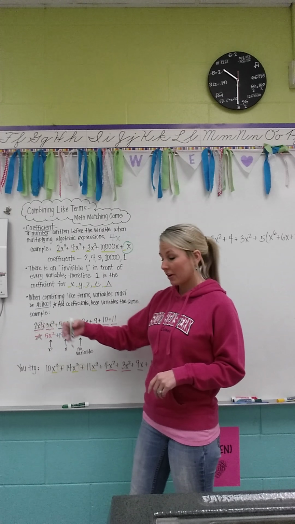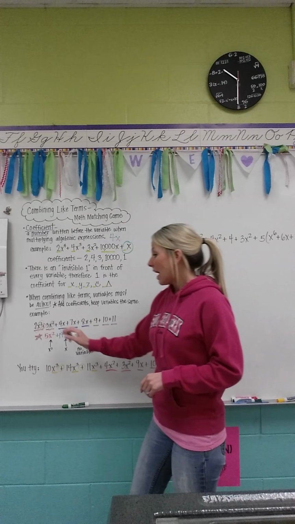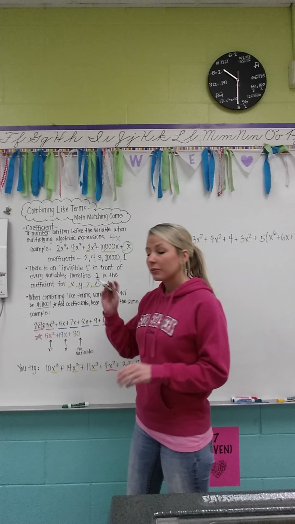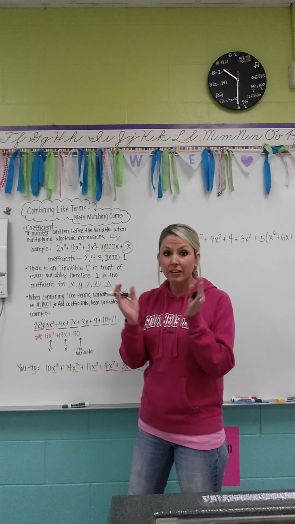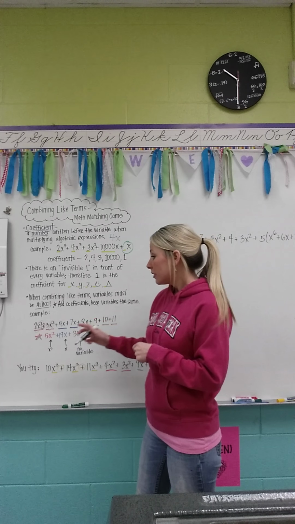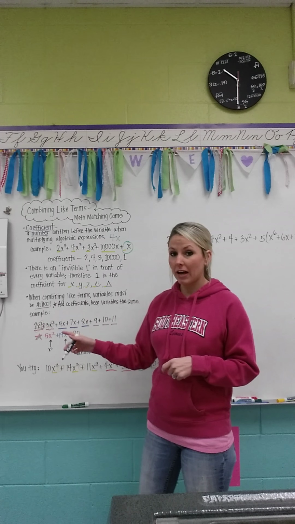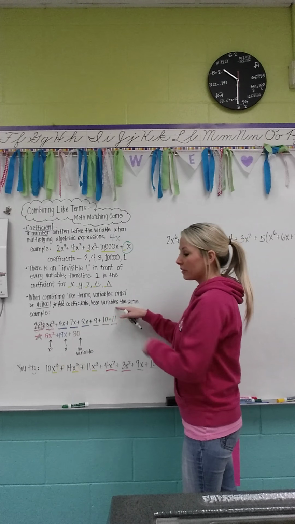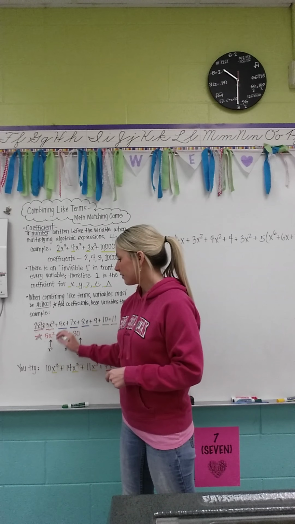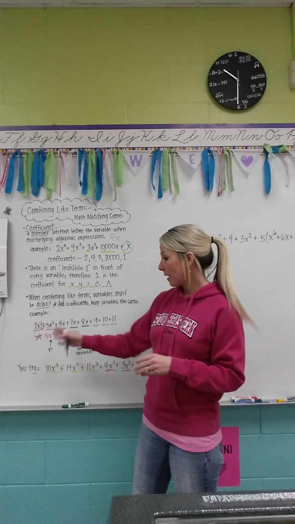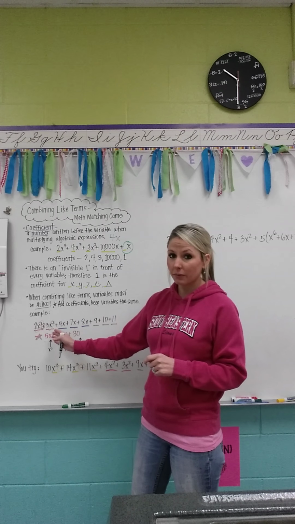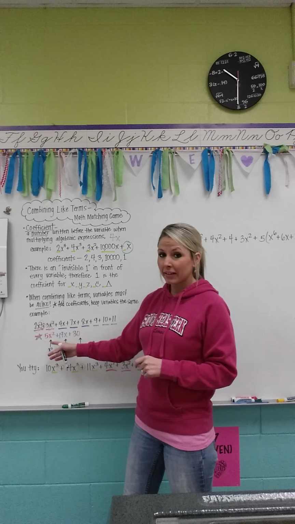That's the number before the variable. So I have an addition sign between my two x squares, and they match, they're alike, it's the math matching game. So I'm going to take my coefficients and I'm going to add them together. 2 plus 3 is going to be 5, and then we keep our variable the same, so we get 5x squared just by having 2x squared plus 3x squared. Notice I didn't add my exponents.